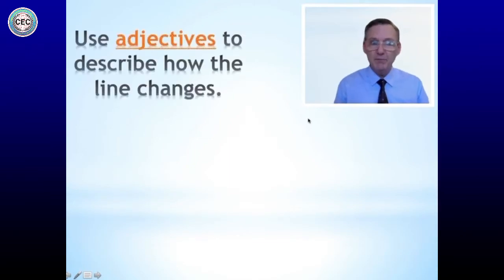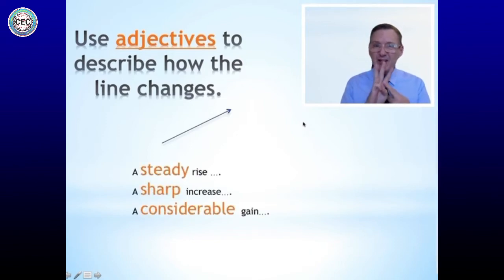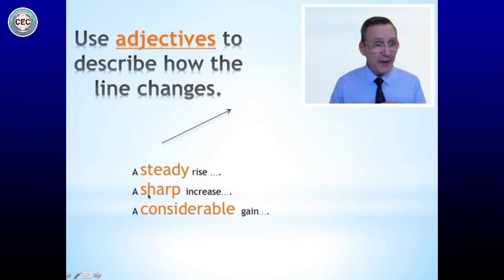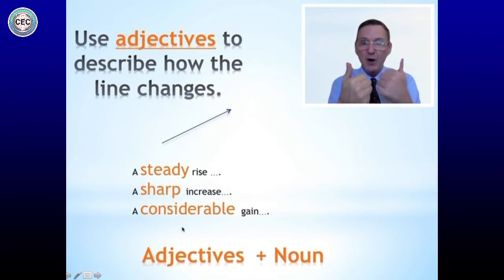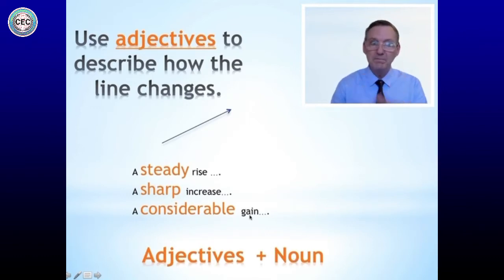So we want to use adjectives to describe a line. Well, what about this line? Which one of these 3 choices is right? A steady rise, a sharp increase, or a considerable gain? Which one? Steady rise? Yeah, that's right. This is a steady rise. Steady adjective, rise noun.